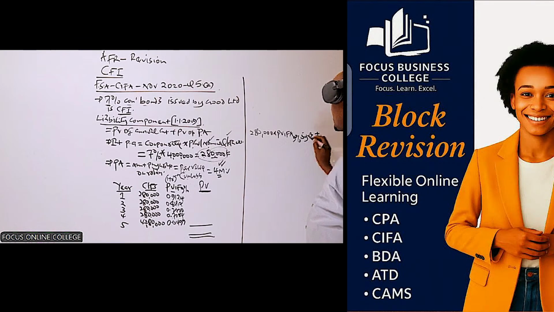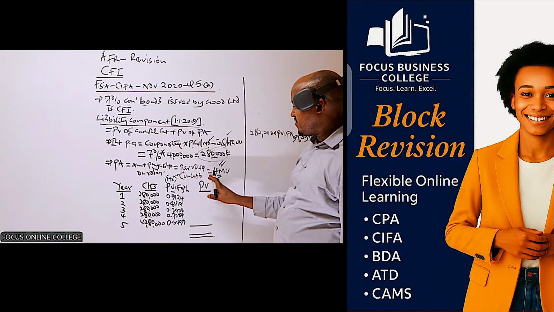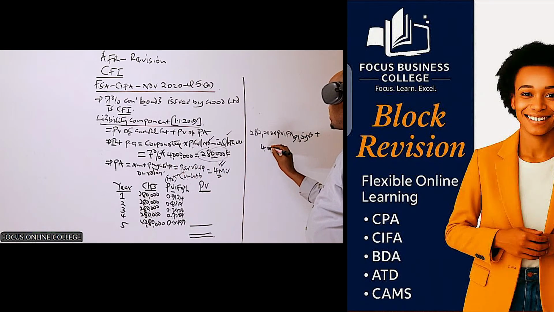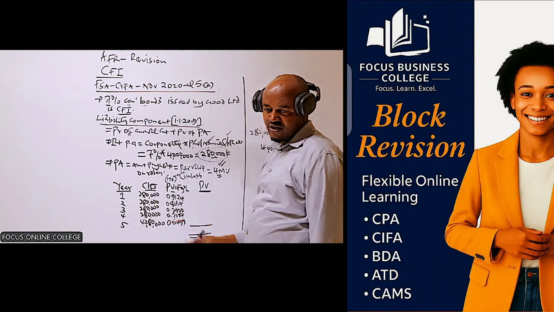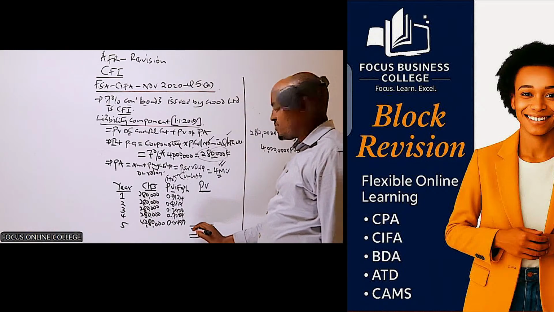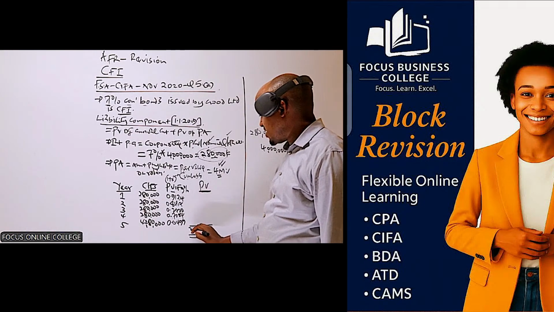Then you add the present value of the 4 million: you multiply 4 million by the present value interest factor, which is not an annuity, at the rate of 9% at the end of 5 years. You can still use that approach. You'll get the same value at the end of the day.